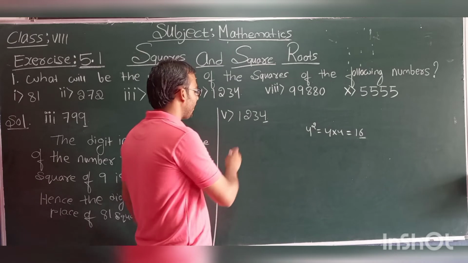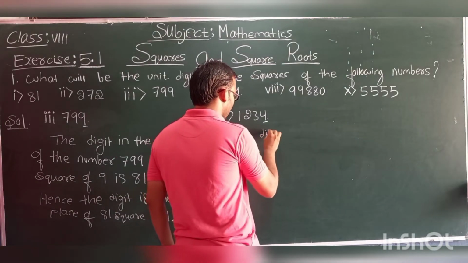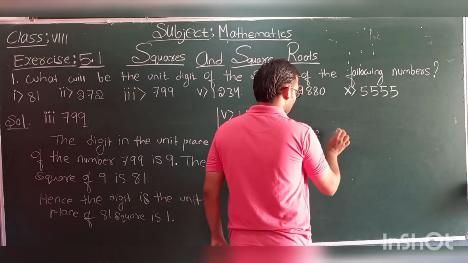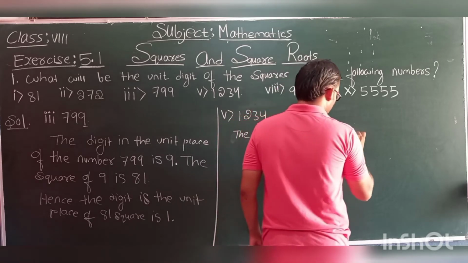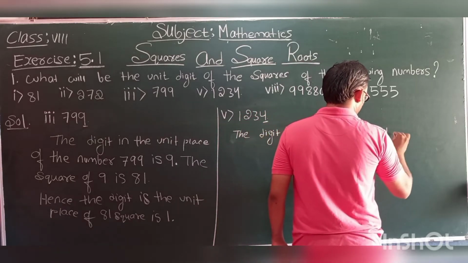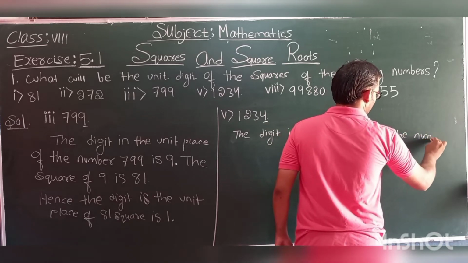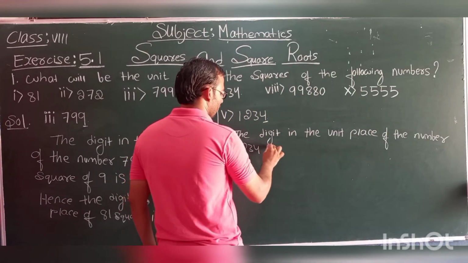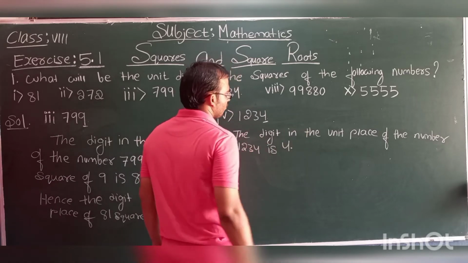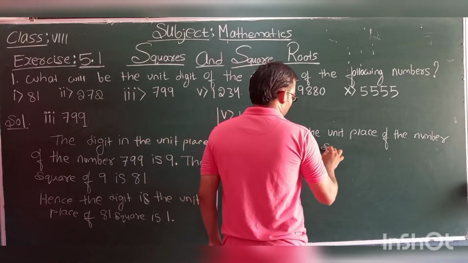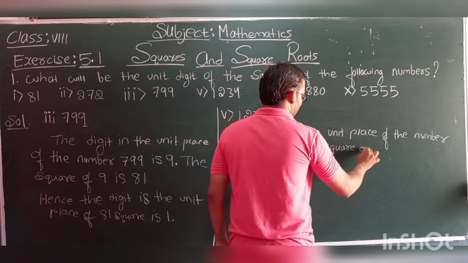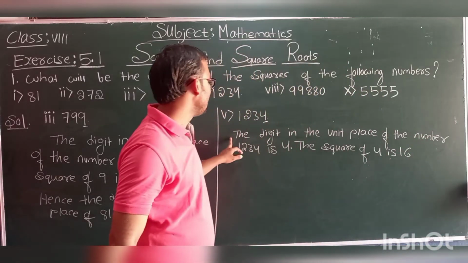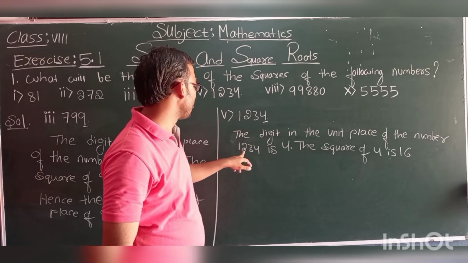Here we can write, the digit in the unit place of the number 1234 is 4.